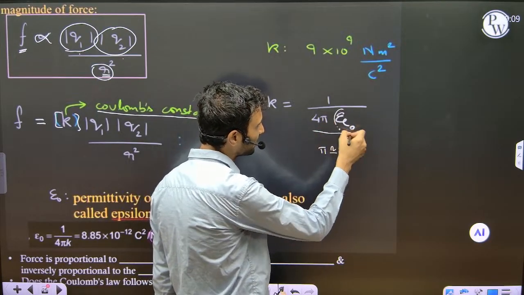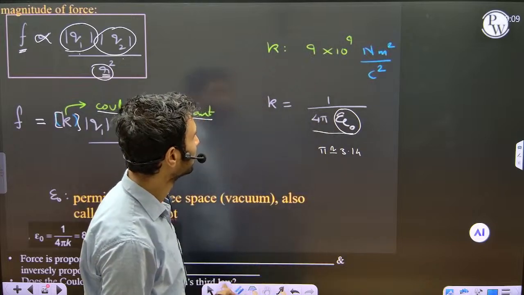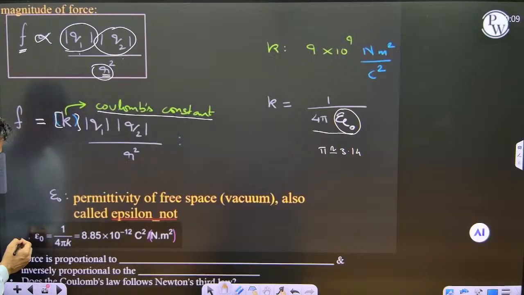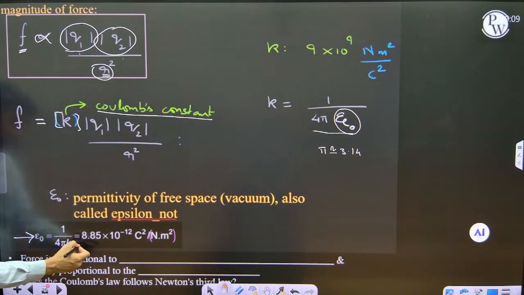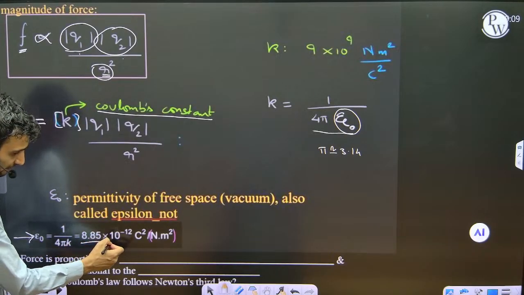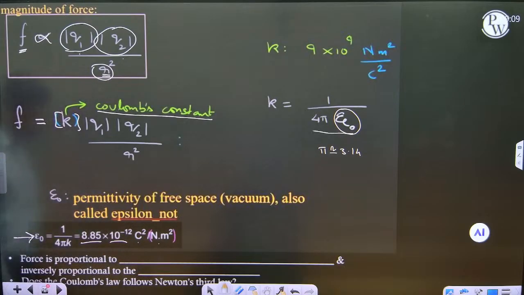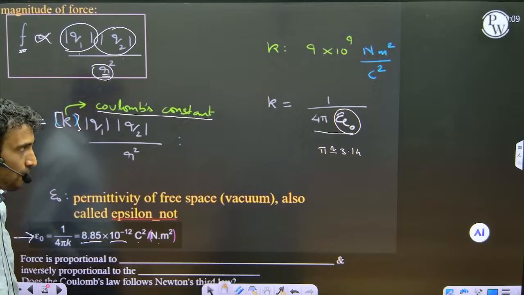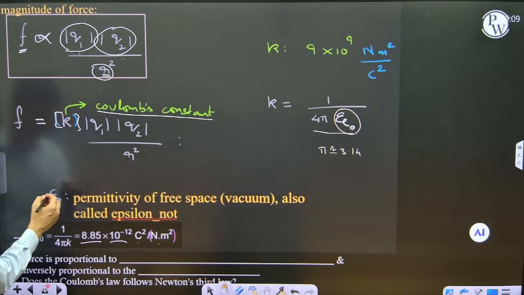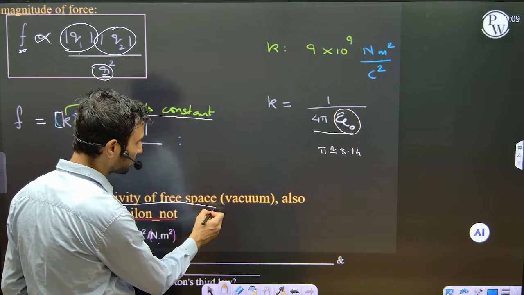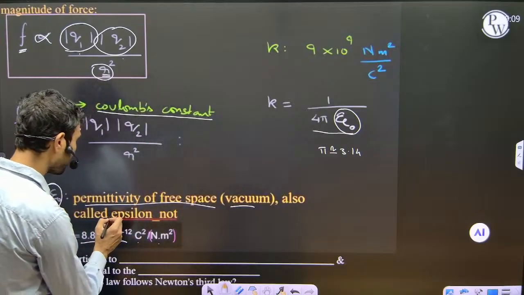But this epsilon naught, its value is a weird value which you have not seen before. It is around 8.85 into 10 to the minus 12 coulomb square per Newton meter square. And what is this epsilon naught called?